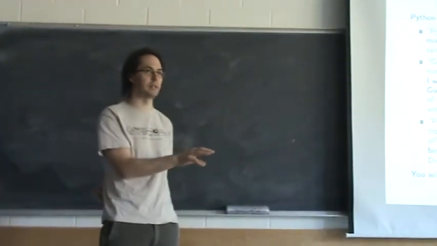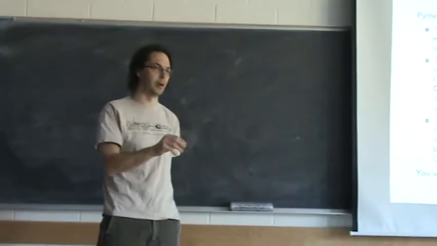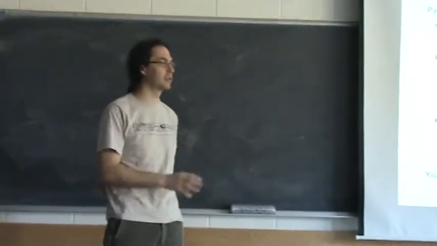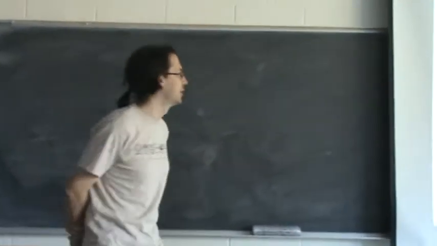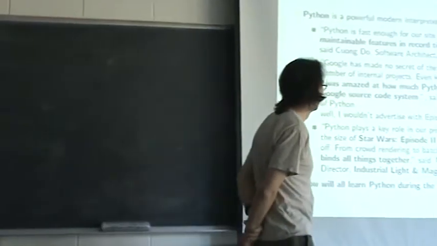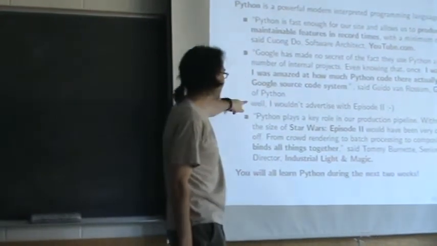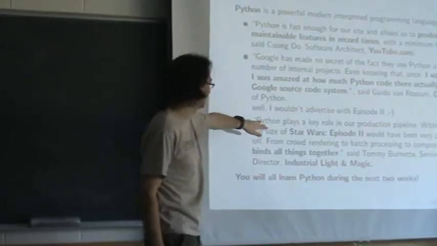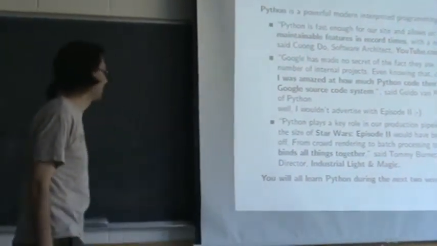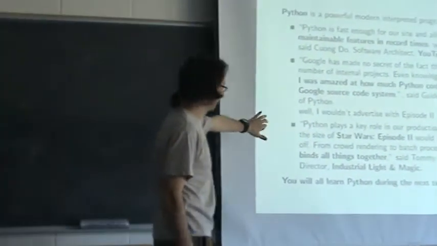They use Java and C++ more. But for experimental systems and internal projects, they use it a lot. That's my understanding. And Python played a big role in making Star Wars Episode 2, which I'm not sure if that's good or bad, but it is useful.